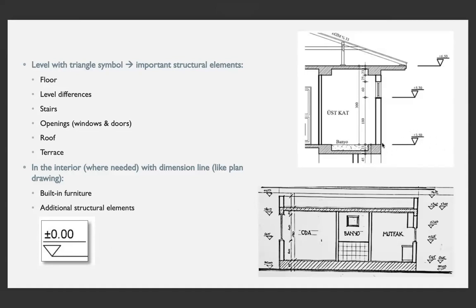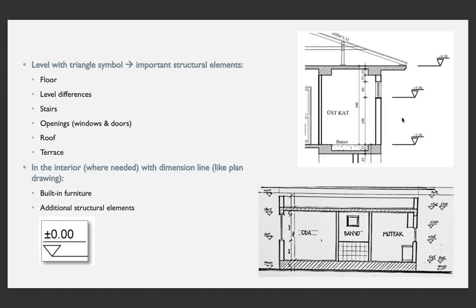So that means this floor is 3.5 meters high from the ground level. And it says here 5.3. So this means at this point, we are reaching 5.3 meters higher from the ground level. This goes on like that.